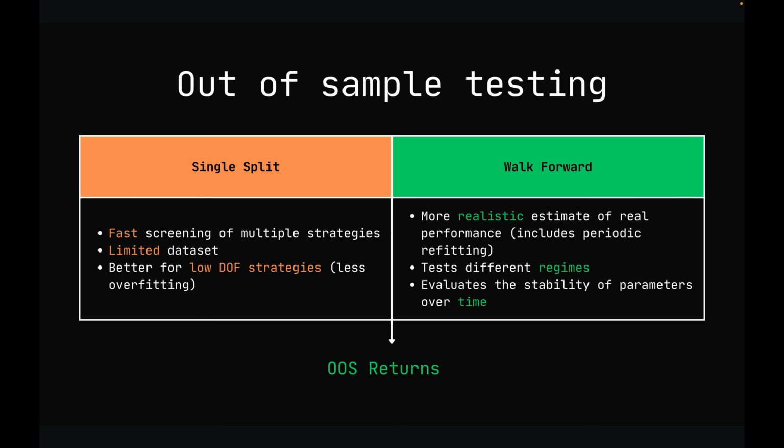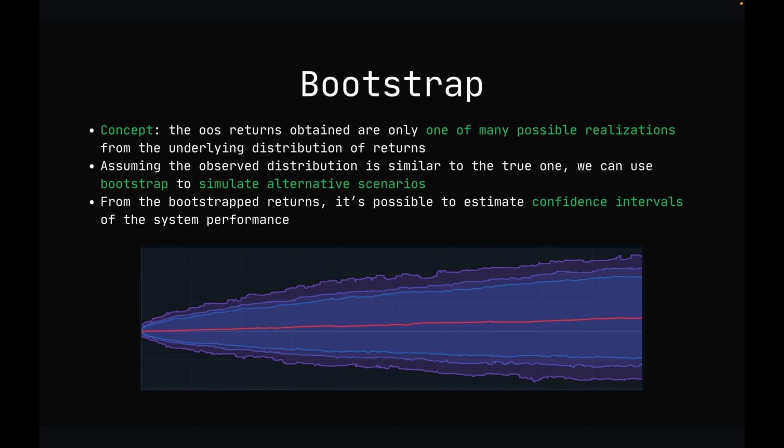of real-life performance. So one test you can do on your out-of-sample data is called Bootstrap. The concept is that your out-of-sample returns are just one of many possible realizations from an underlying distribution of returns. So assuming that what you observed as distribution is similar, at least to the true one, we can use Bootstrap.